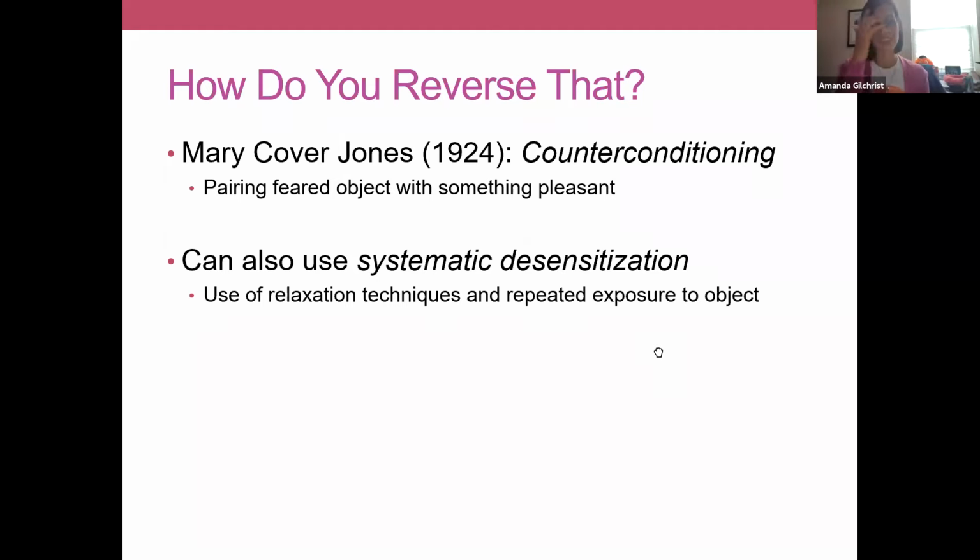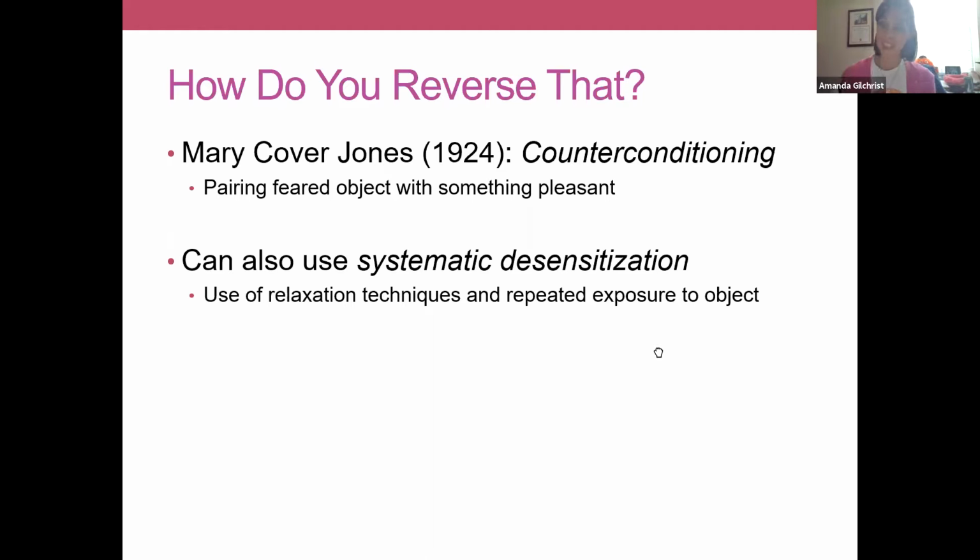Now, one of the other big things that we can do if we want to reverse the fear that we have of an object is we can do something referred to as systematic desensitization. So what we do in this instance is we pair relaxation techniques to help get us in a calmer state of mind, almost as an unconditioned stimulus. And we also engage in repeated exposure to an object.